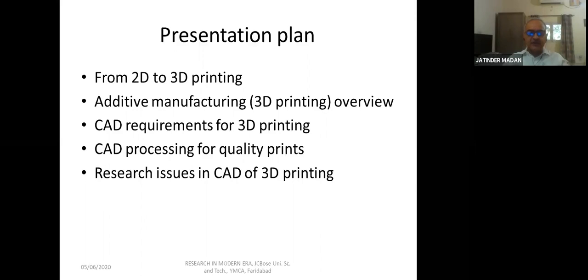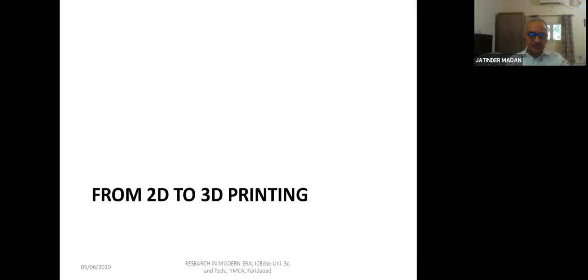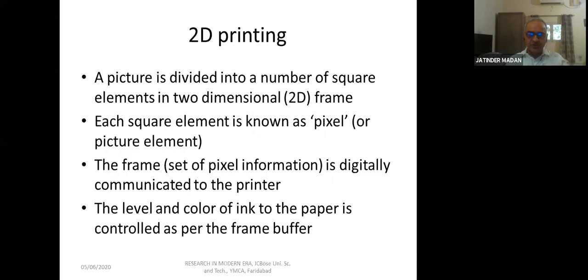Thereafter, I will discuss CAD processing for quality prints and research issues in CAD of 3D printing. So let me first go to the first bullet, that is 2D to 3D printing, and how things have evolved in the past few years.